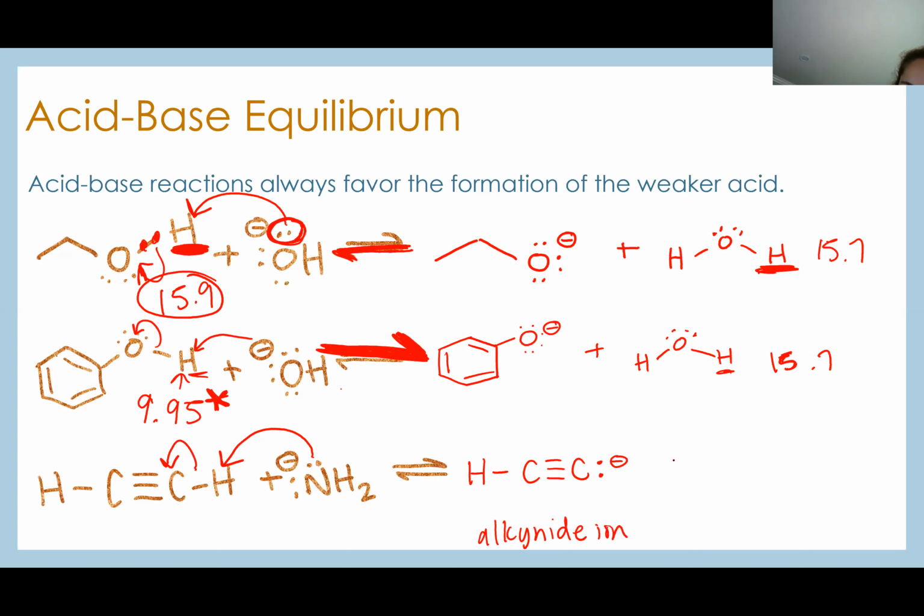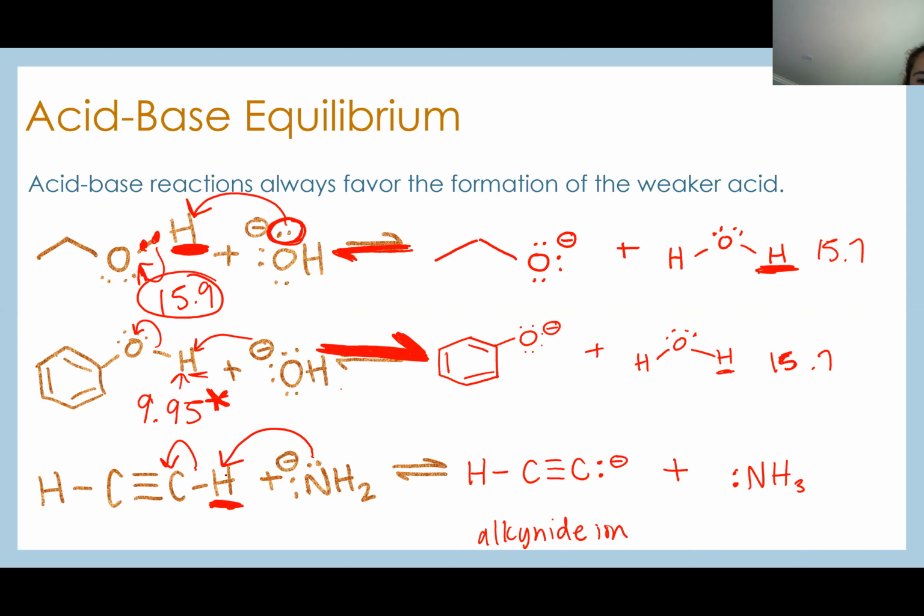And then what's our other product here? If we take NH2 and add 1 hydrogen, what do we get? NH3. Okay, so on the left-hand side, the alkyne acted as our acid, so we need to know the pKa of this.